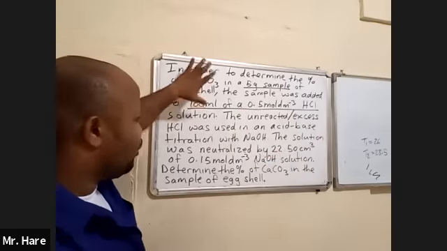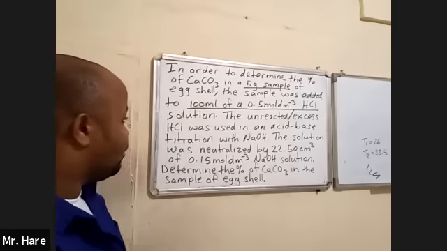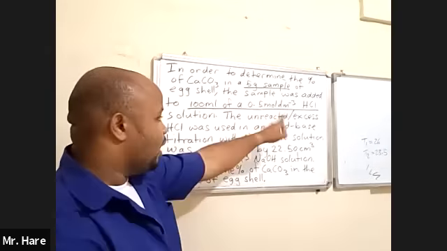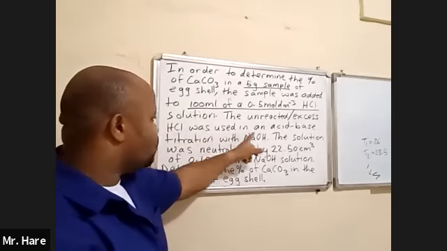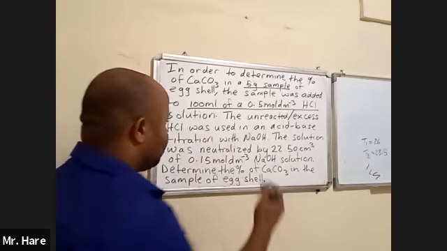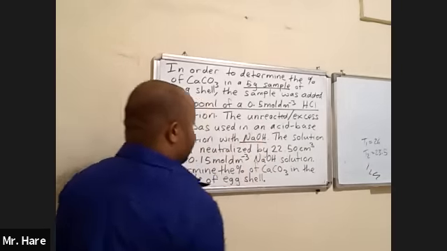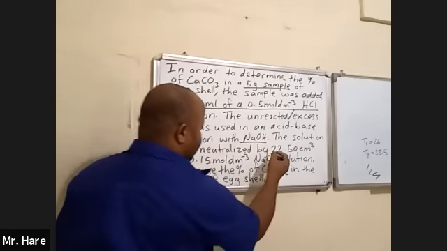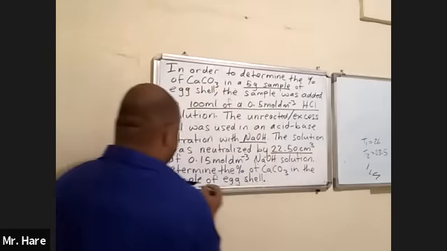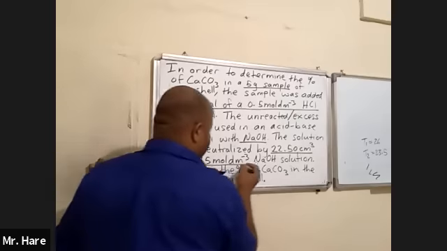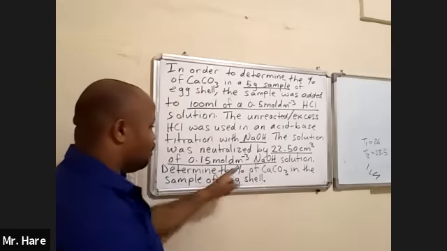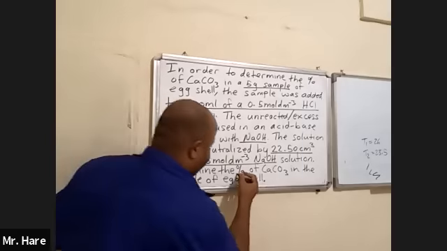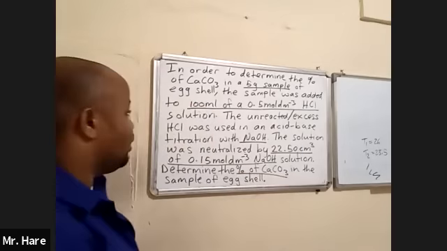Here comes the titration. The unreacted, or they may say excess, HCl was used in an acid-base titration with sodium hydroxide. The solution was neutralized by 22.50 cm³ of 0.15 moles per dm³ sodium hydroxide. Determine the percentage of calcium carbonate.